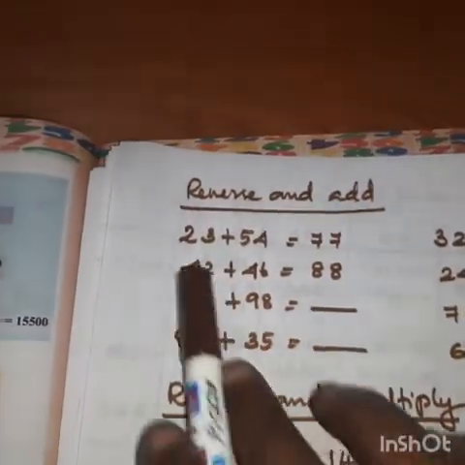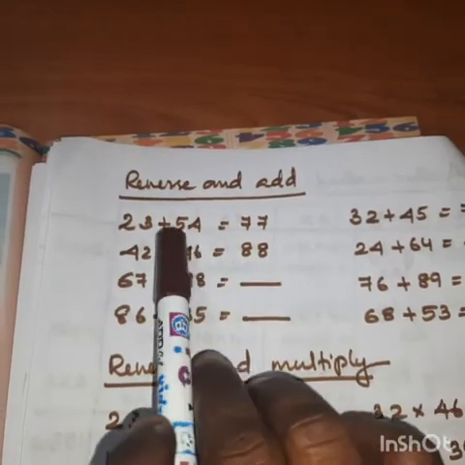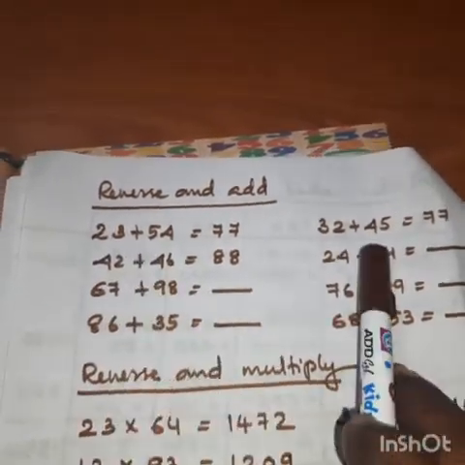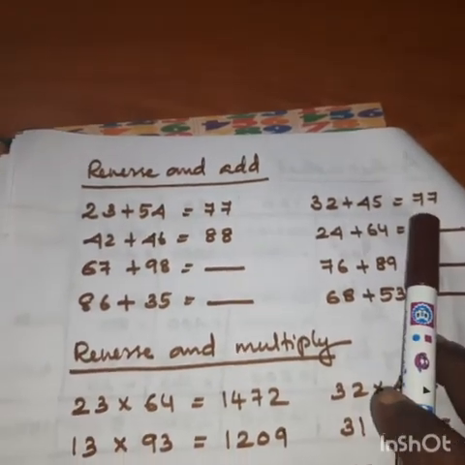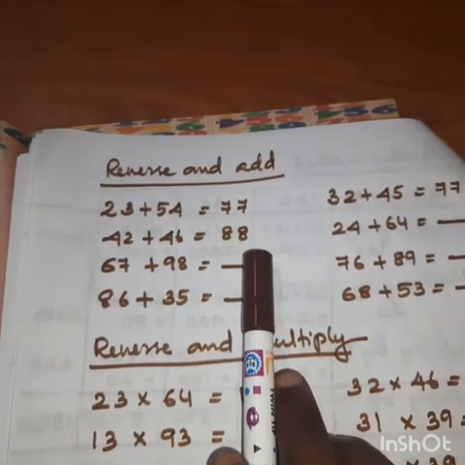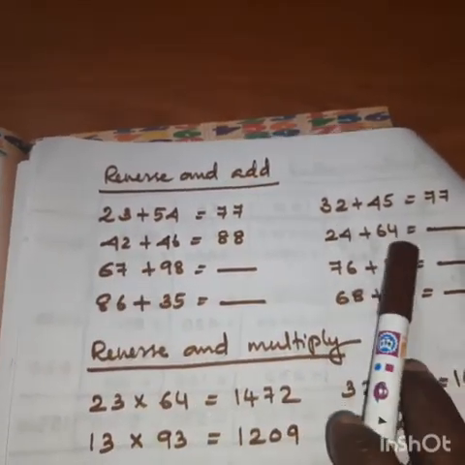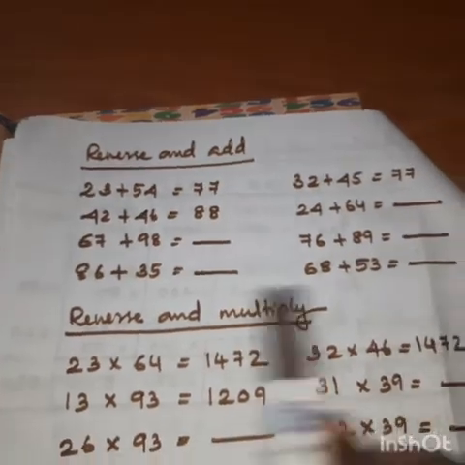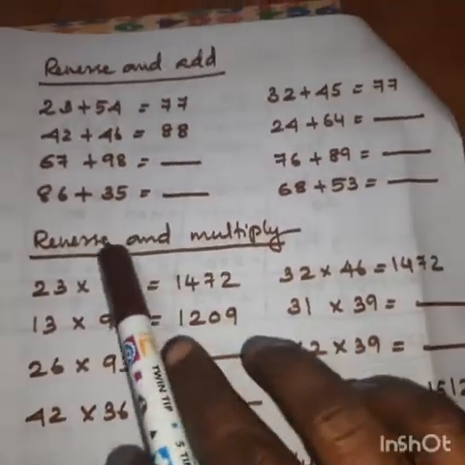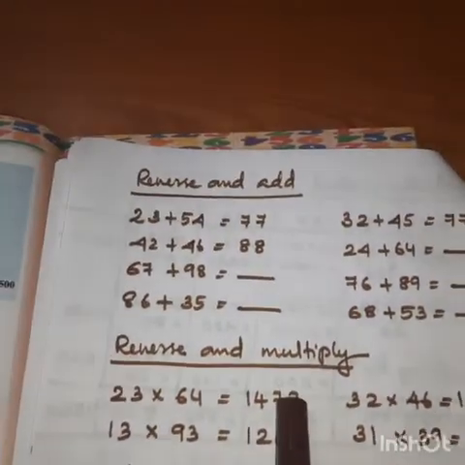Next, reverse and add. 23 plus 54, 77. Here we are reversing the numbers. 23 as 32 and 54 as 45, again 77. Then 42 plus 46 equal to 88. Reversing the numbers, 42 as 24 and 46 as 64, we get 88. Like this, complete this also. And reverse and multiply. 23 into 64, 1,472.